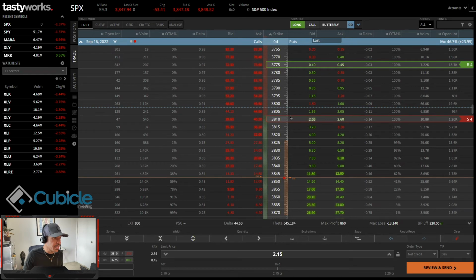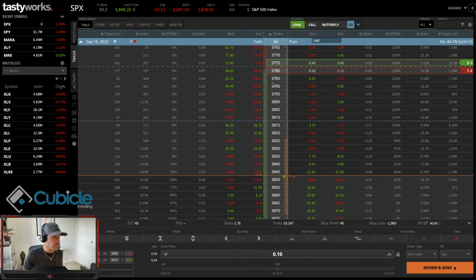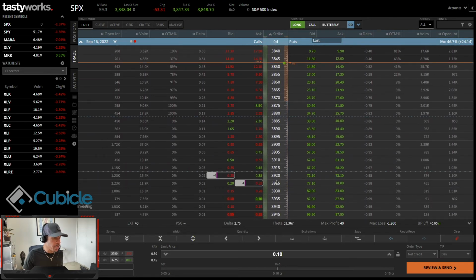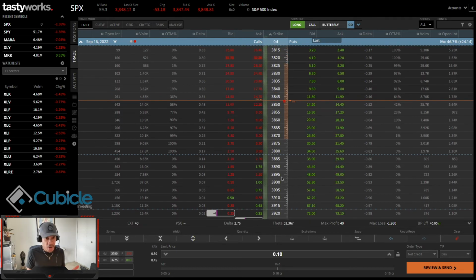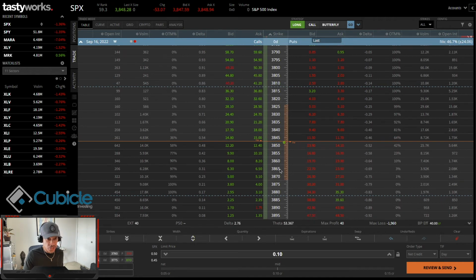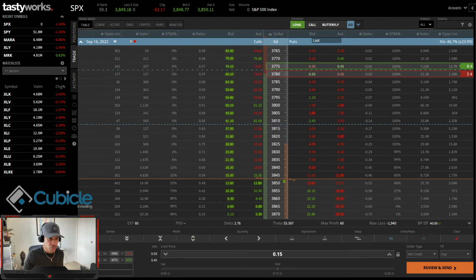So the idea is to get far away from the price of the underlying while still taking in a decent amount of credit, because you don't want the price of the underlying to drop below your strikes on the put side, or you don't want it to go above your strikes on the call side. So I'm going to come back and update you guys around 2 o'clock to let you know whether or not I made a decision to put on this additional credit spread.